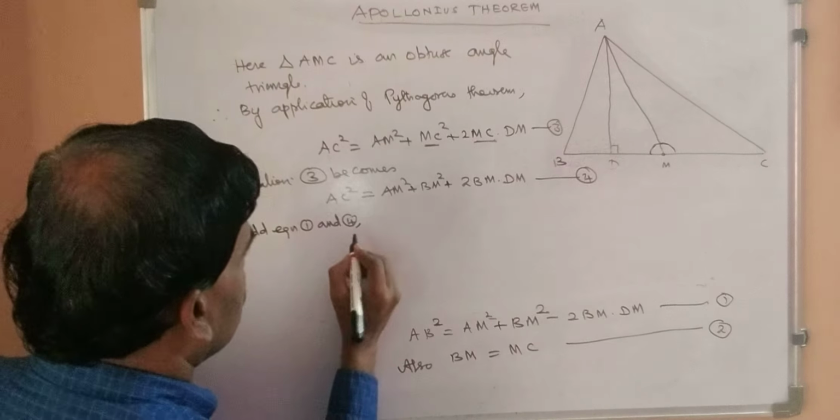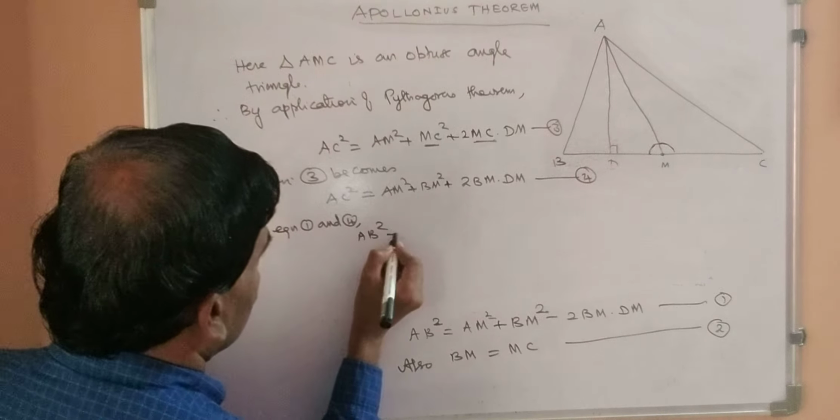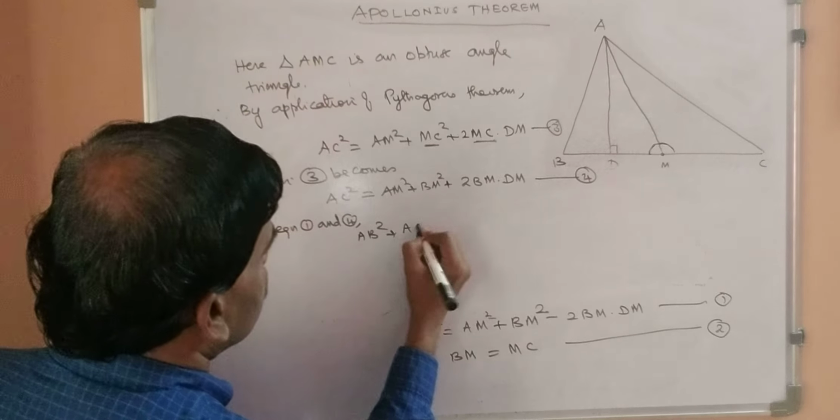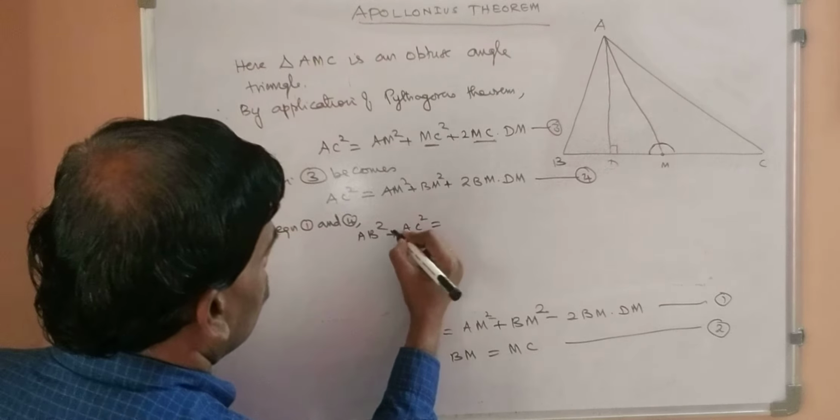Okay, so here what is there? AB square. Here what is there? AC square equal to AM square plus BM square minus 2BM DM plus AM square plus BM square plus 2BM DM.